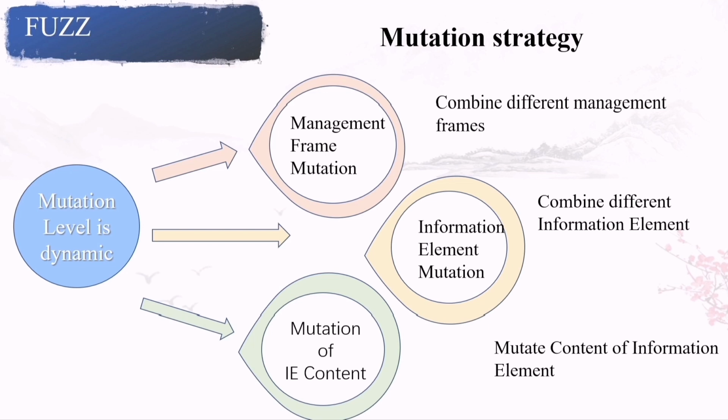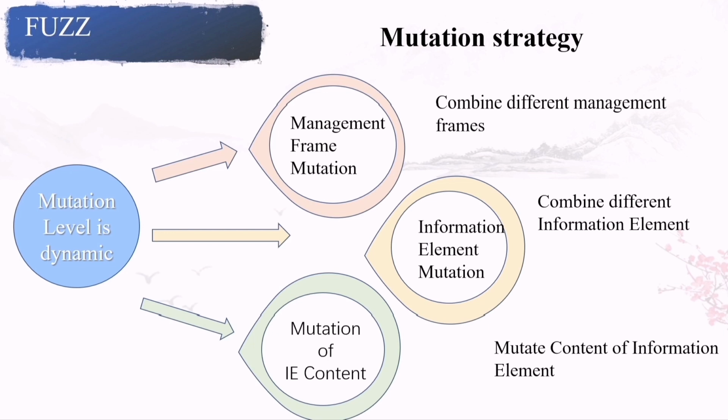The dynamic mutation degree in the left graph acts on the 3 types of mutation strategies in the right graph, which make our mutation strategy more flexible and able to test both widely and deeply. By management frame mutation, we mean management frames are sent in an ordered or unordered manner.